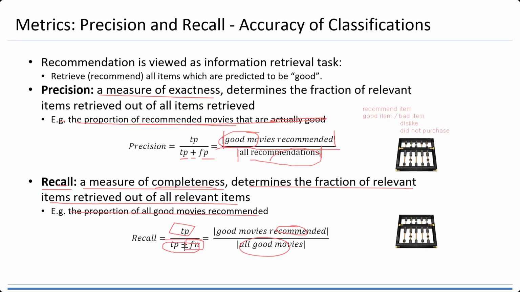FN is false negative. So the prediction is negative, but actually it is positive. So false negative.